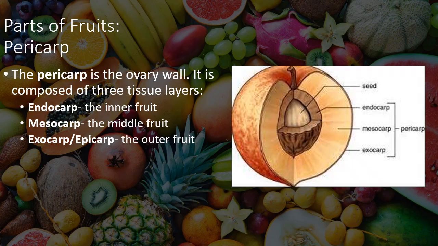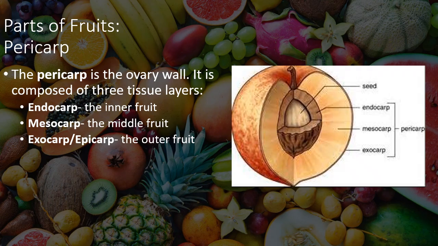Carp means fruit. When we look at an example like this peach, we can see that there are three distinct layers to this peach. In the center of the peach, we have a seed, and then we have our first fruit layer, which is the endocarp. And in peaches, the endocarp actually has a woody texture.